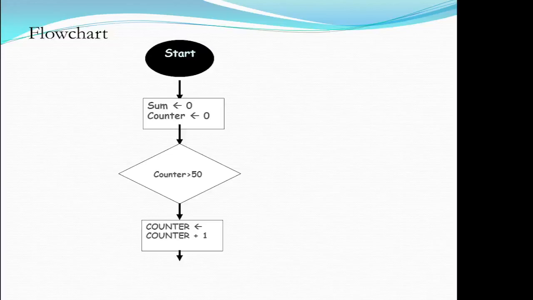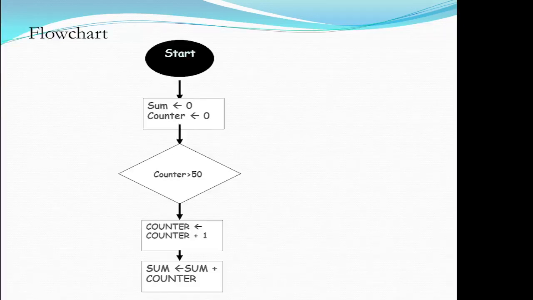Then again we follow the program to the process, as the question says add. So sum is equals to sum plus counter. Sum is 0, counter is 1, and 0 plus 1 is 1. Here we have sum 1 and counter also 1.